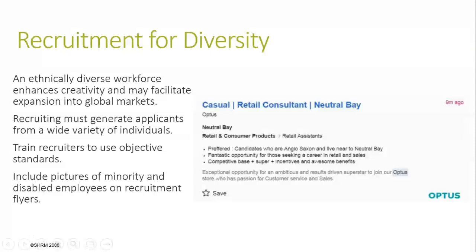Like in this Optus ad looking for an Anglo-Saxon candidate. I honestly think that this current obsession with fitting the culture is the biggest obstacle facing HR today. Culture fit just doesn't predict the criteria that matter to organizations. We have checked again and again and again. Culture fit is not that important.